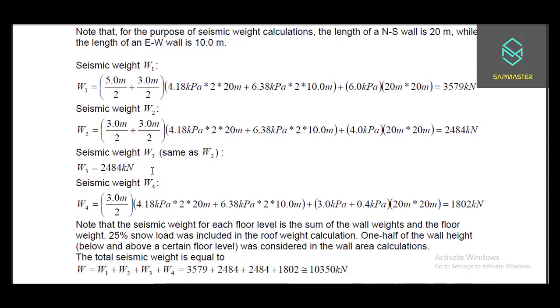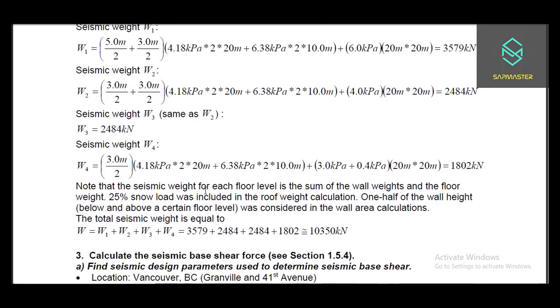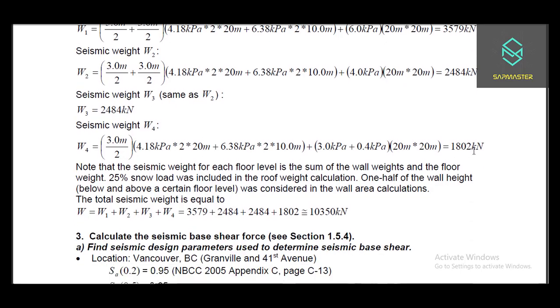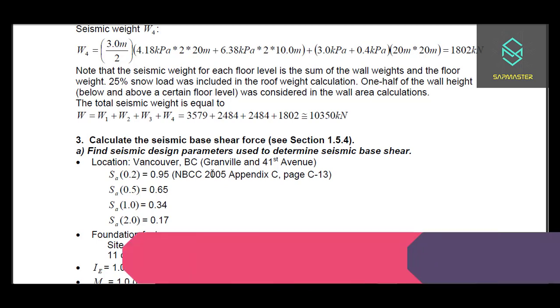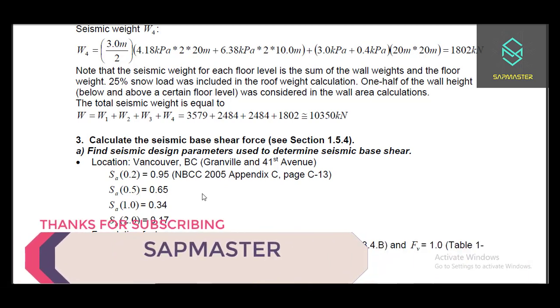And for W3 everything is the same, but for the last story we only have one wall underneath the story, so we won't have the second part here. Okay, and now that we have all of these numbers, if you add all of them together, you will reach the total weight.